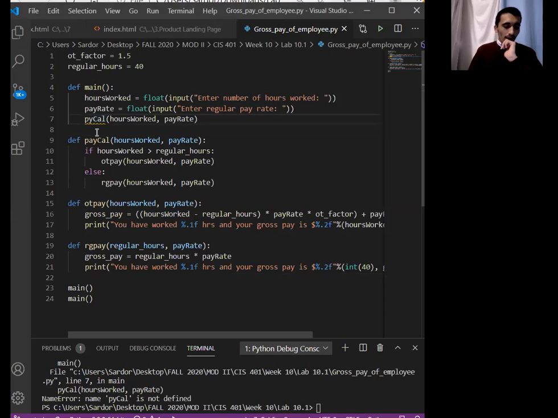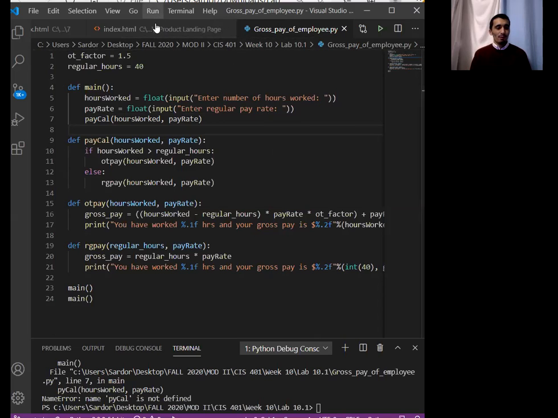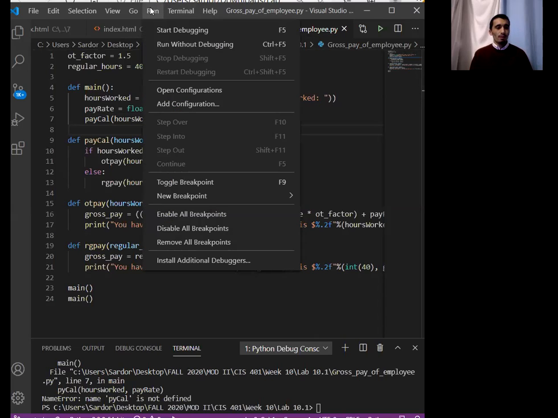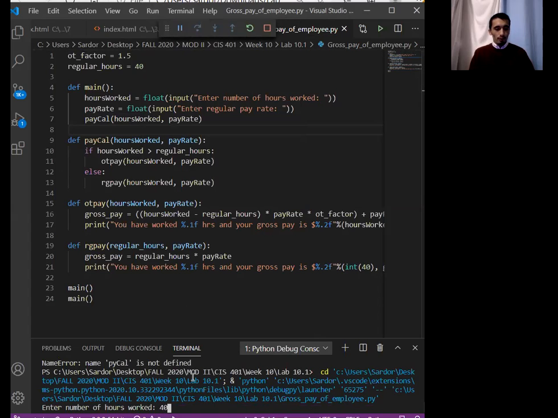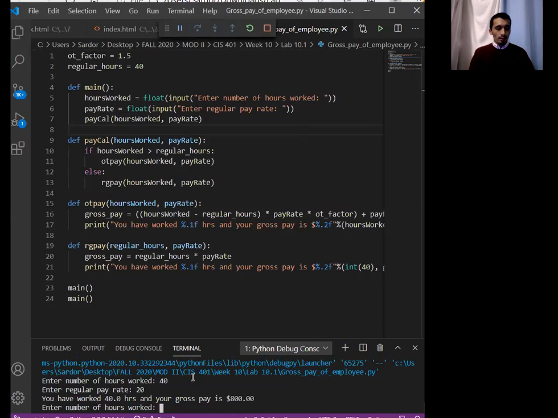Oh, I am missing an A. Now that makes sense. I saw the highlight, but I thought that was a glitch. Okay. All right, let's run it again. Hopefully this time it works. Oh, run. Let's go with 40, 20.